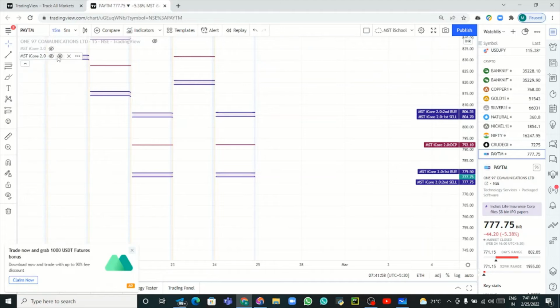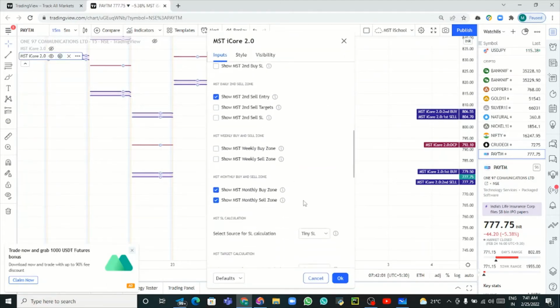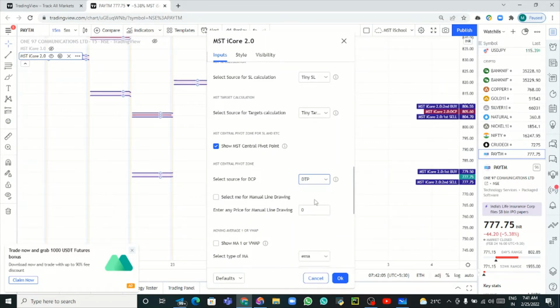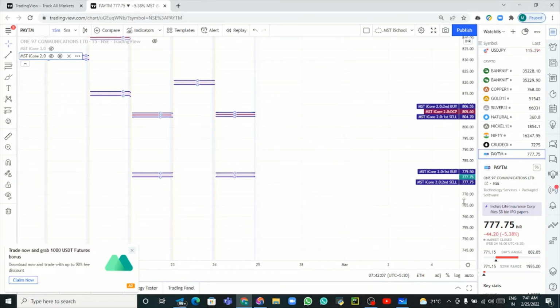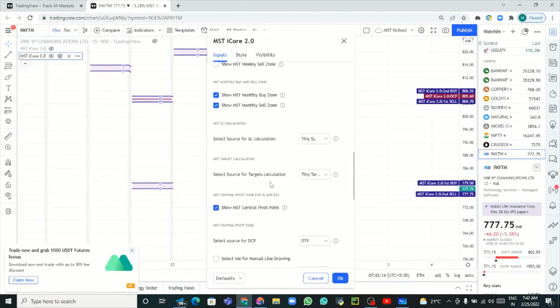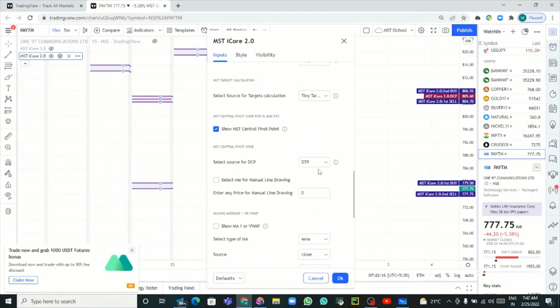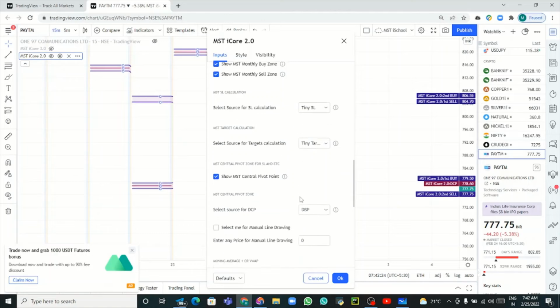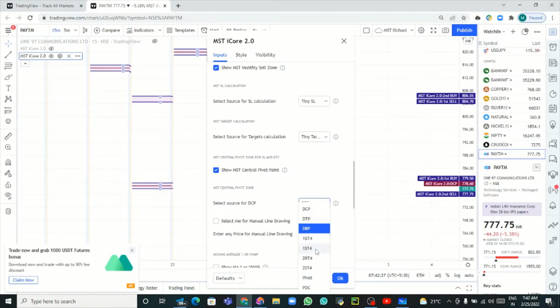And the next one we have here is DTP. What is DTP? It will show you the midpoint of the first sell and the second buy. Similarly, DBP will show the midpoint of the first buy and the second sell. See here. Hope it is clear. Then we have first buy target 4, extra target.